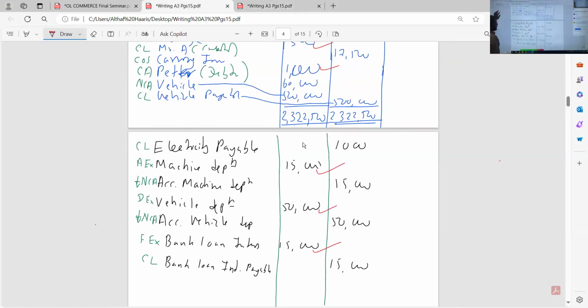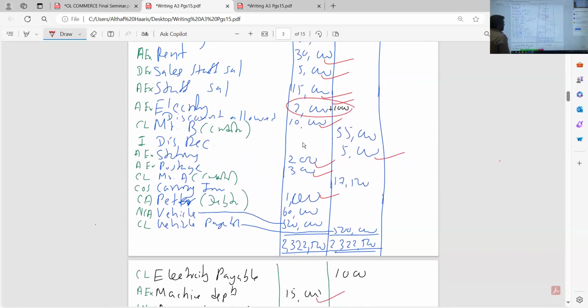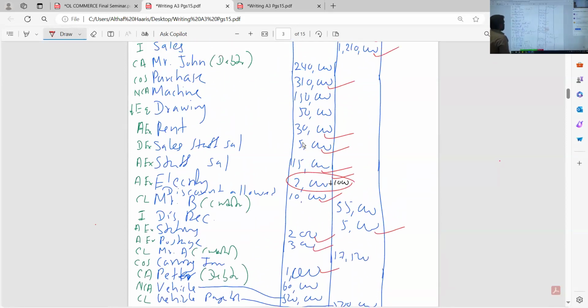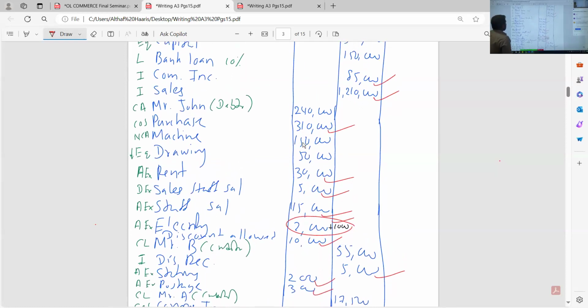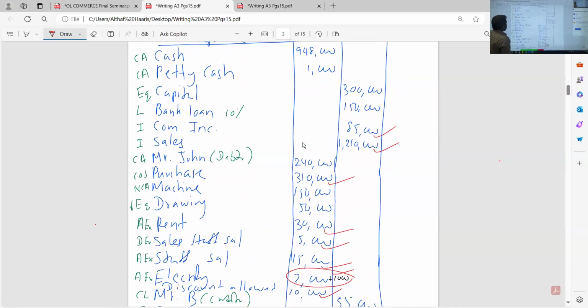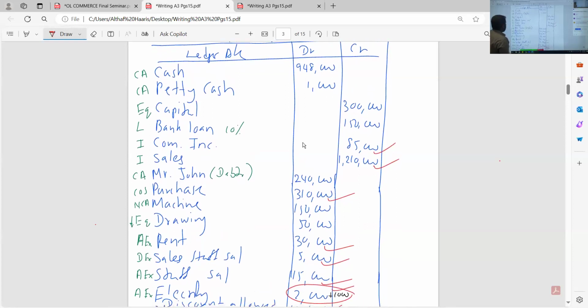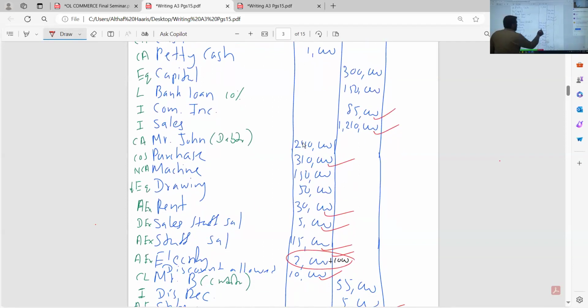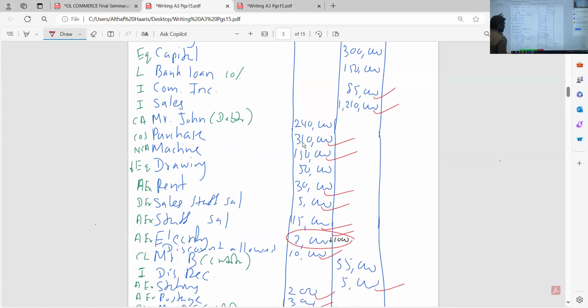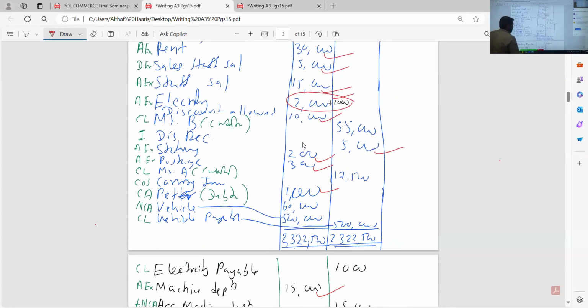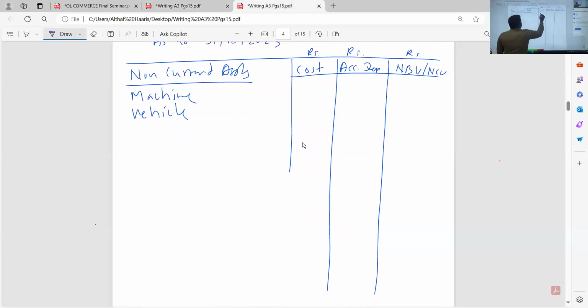So what are the values? Machine 150,000. Vehicle 500,000.